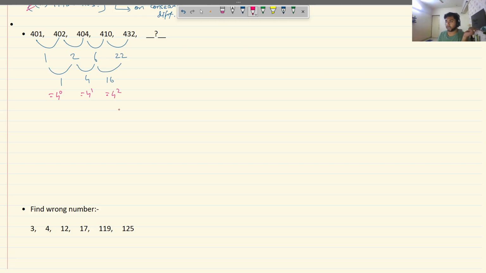If this is true, then the next difference of difference would be 4 cube, that is 64. If the difference of difference is 64, that means my difference would be 22 plus 64, which is 86.